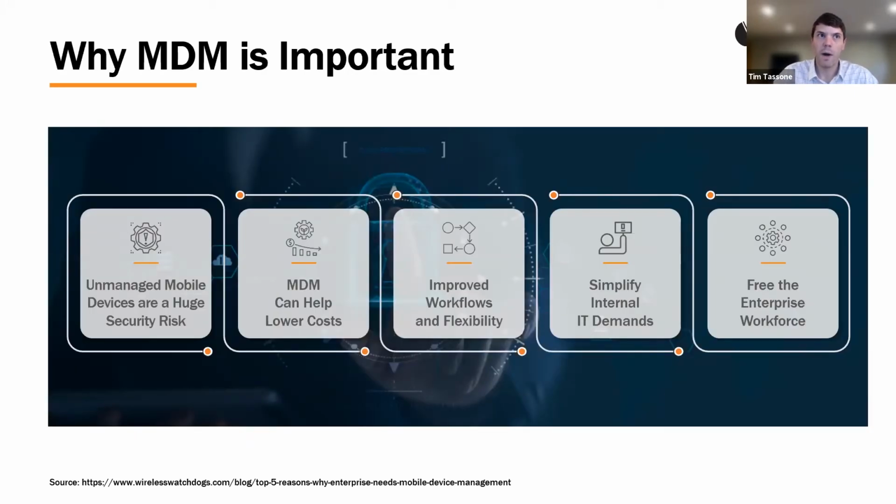Great, so let's talk about why MDM is important in 5 points here. So first off, an unmanaged mobile device is a huge security risk. One of the greatest benefits of an MDM tool is the improved security practices it provides to the enterprise. An unmanaged mobile device connecting to an enterprise network can present a security vulnerability.